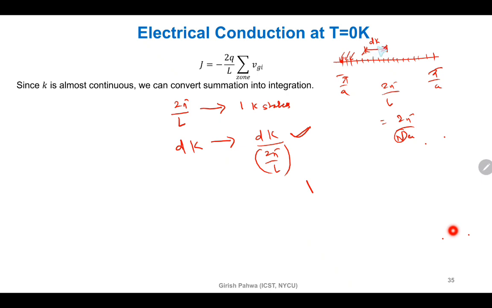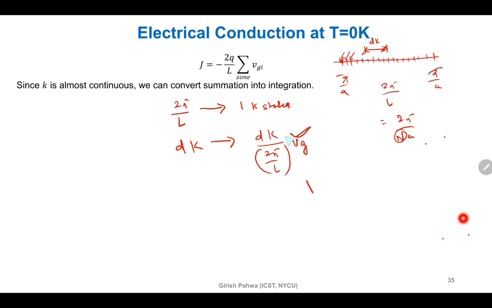I have shown it with a larger thing, but dk is actually small. 2 pi by L is very small, and dk I have chosen is larger compared to 2 pi by L, but still much smaller compared to the zone width, much smaller compared to 2 pi by a, right? So in dk you have dk by 2 pi by L number of states, and because k is almost the same from here to here, you can associate the same Vg to all of these.